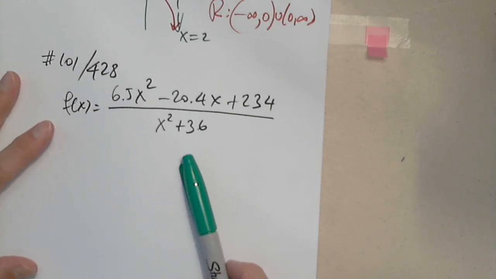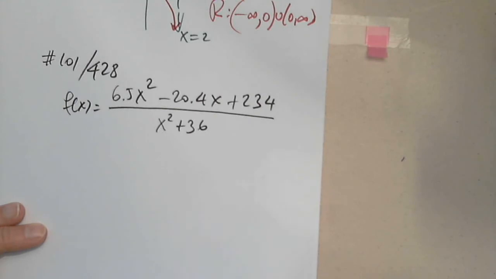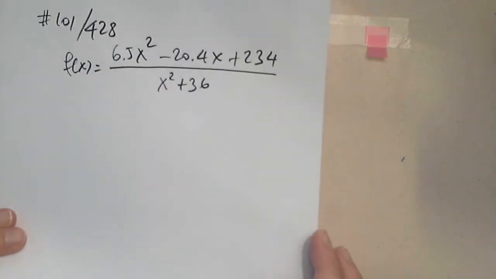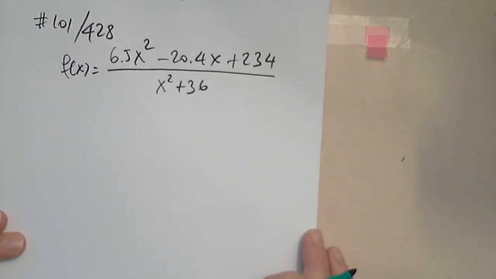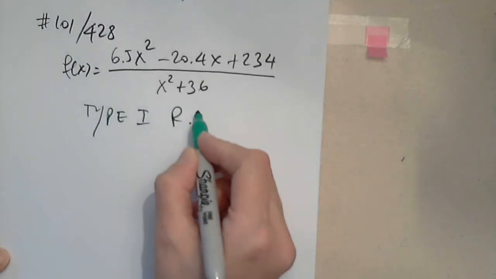Is it polynomial? Is it absolute value? Anyone? The first type? Yes, it's type 1, rational function.